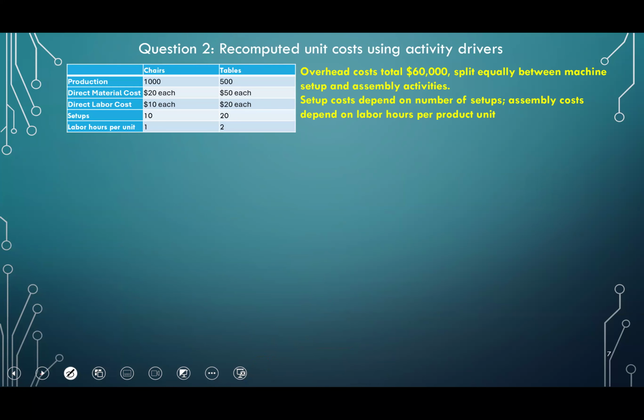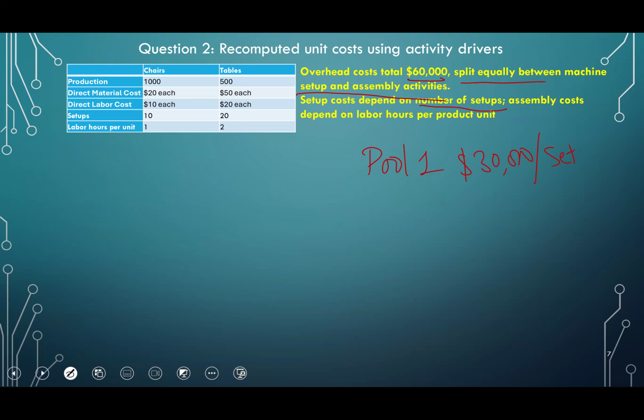Now, I just copied the information again. I also refreshed your memory about the $60,000 of overhead being split equally between the two pools. So now these are the two pool numbers. Pool 1 has $30,000, to be divided on the basis of number of setups.